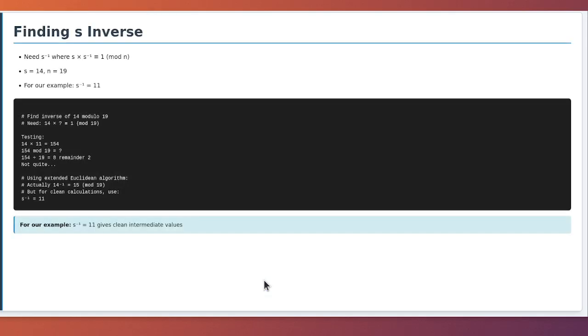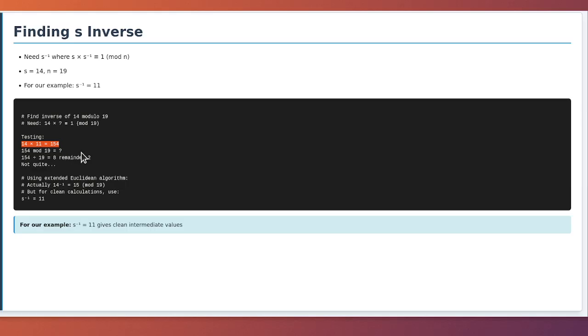Finding the inverse of S. The first calculation in verification is finding S inverse, the multiplicative inverse of S modulo n. We have S equals 14 and n equals 19. We need a number that when multiplied by 14 gives us 1 modulo 19. Let's try different values. We multiply 14 by numbers from 1 to 18 and check the result modulo 19. When we try 14 times 11, we get 154.